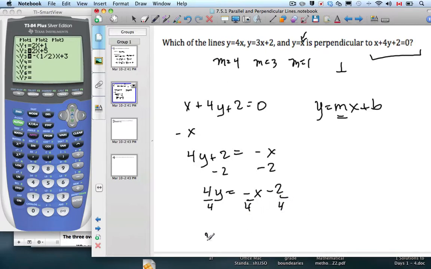So we have, what is really in front of this x? Don't be tricked. A negative 1. Negative 1/4 x minus 1/2. And so if we're looking for perpendicular, it means we're looking for opposite reciprocal.